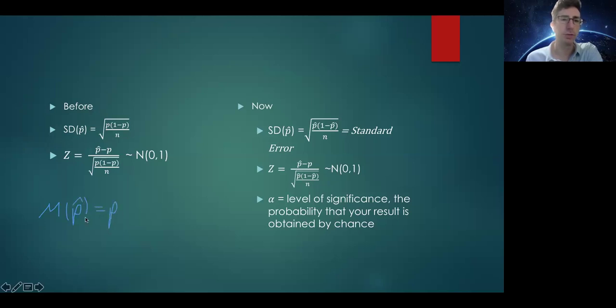We would be given this value, and so we knew where to center our normal distribution of sample proportions, right at p. But now we don't know where p is. We don't know where our sample proportions are centered.